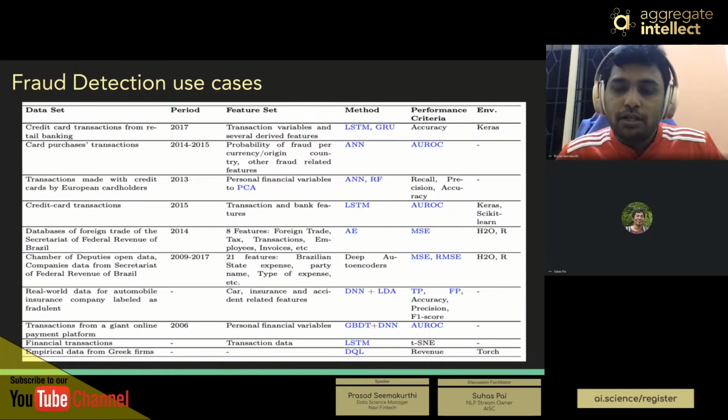If people follow the financial news, recently Goldman Sachs and Apple have been backlashed because the models they developed were biased. That led to a lot of uproar in the industry, due to which auditors have become extra cautious and want to understand why a particular decision has been made. So there are challenges, and overall the industry is moving towards adopting deep learning for solving some of the difficult use cases.